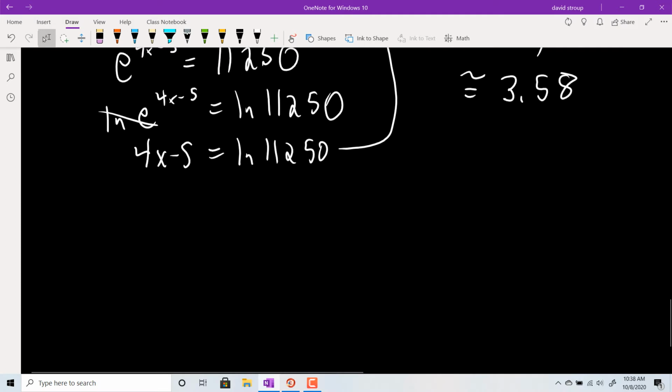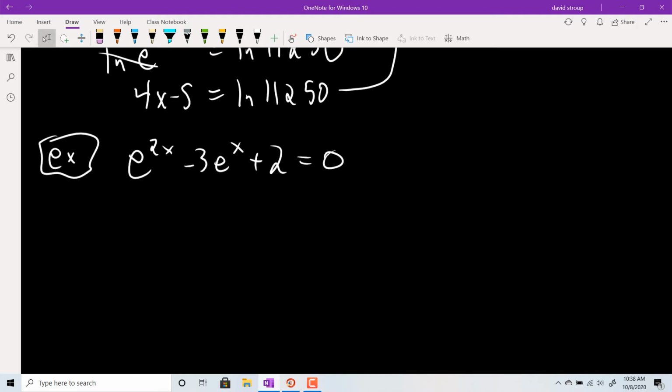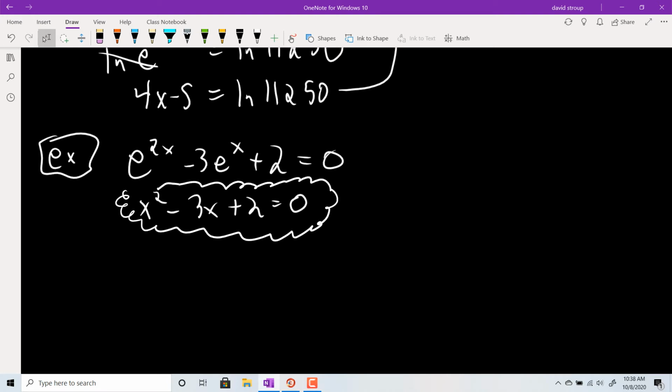Two more. This example is the quadratic form example. e to the 2x minus 3e to the x plus 2 is 0. So it has that x squared minus 3x plus 2 form. Okay? And if you saw that x squared minus 3x plus 2 form and you wanted to solve it, what would you do?